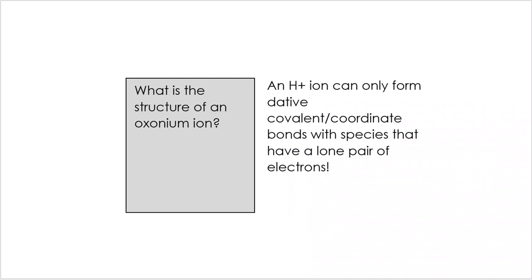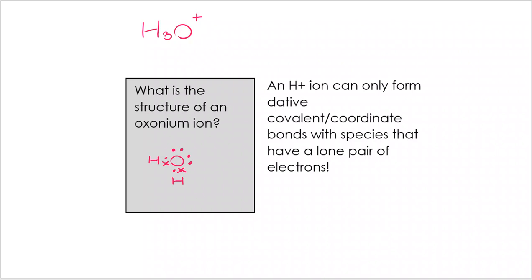We can now look at it in the context of bonding. What would the dot cross diagram be? Well, we know that H2O and H plus will make H3O+. That's our oxonium or hydroxonium ion. Let's build our water molecule as a dot cross diagram. You can see the crosses coming from the H's. I've got 2 bonding pairs, 2 lone pairs.